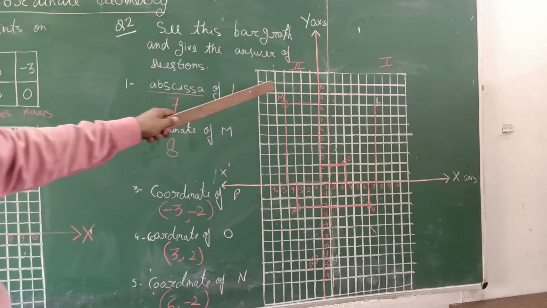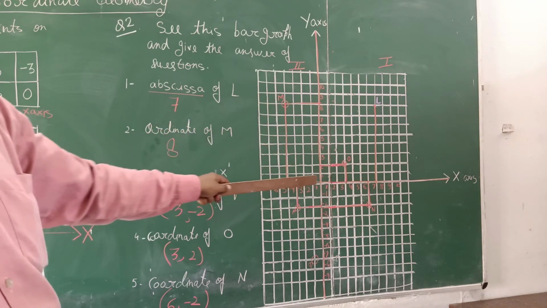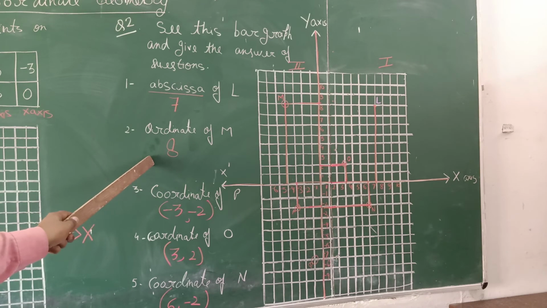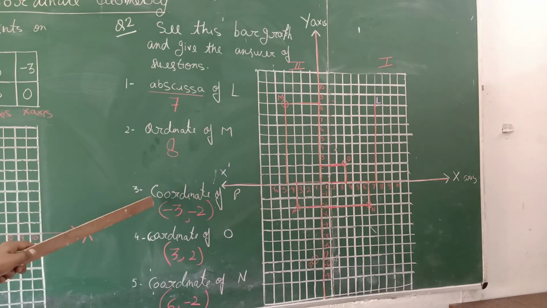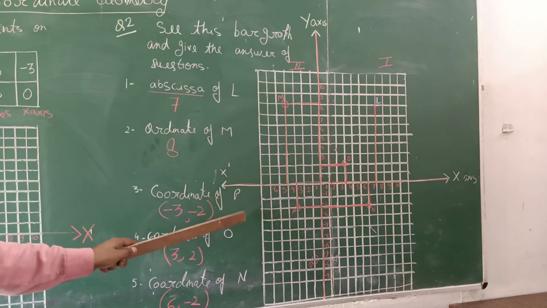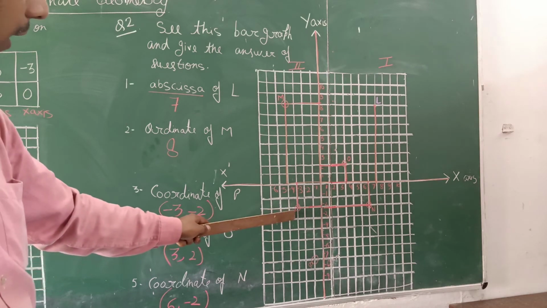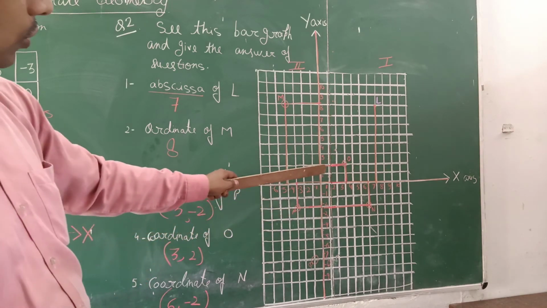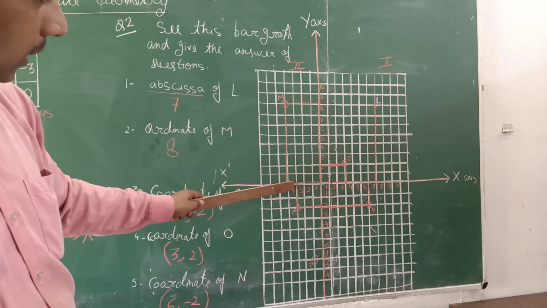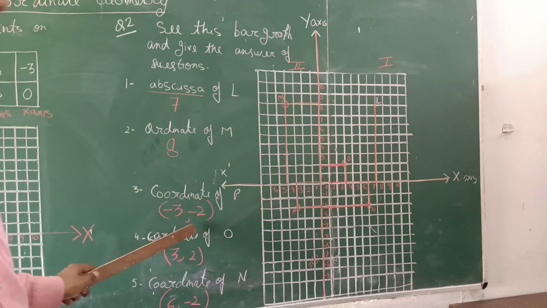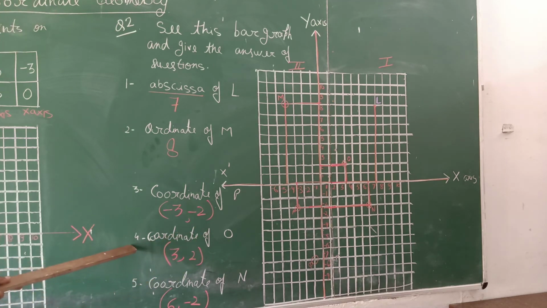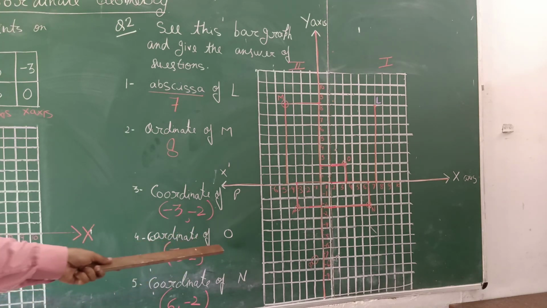So see this point M and its ordinate is 1, 2, 3, 4, 5, 6, 7, 8. 8 units. Okay, next coordinate of P. This is point P. Coordinate means both values x and y. So first we write x -3 and then -2. -3, -2.